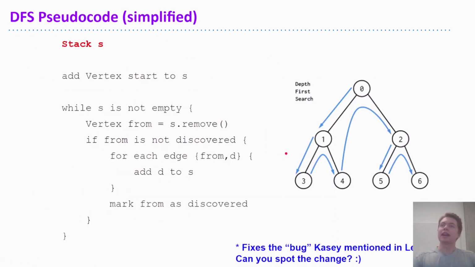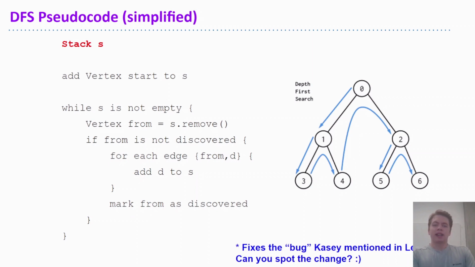And then for DFS, literally the only thing that's different is that we're using a stack instead of a queue. This is how we result in a depth first search, where we follow an edge to one vertex and then follow another edge to one of the children of that vertex, and keep going down and down until we hit a leaf node in this tree that we form, or a vertex in this graph that has no outgoing edges.